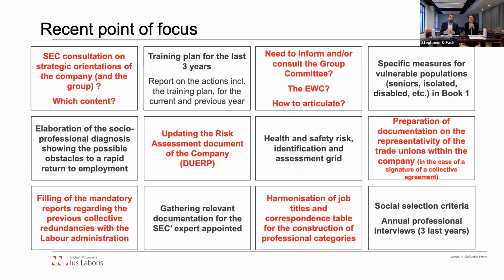You also want to have job descriptions. It's a question we get all the time. When we start a restructuring plan, we ask the clients, do you have job descriptions for everyone? And the answer is often no, which is a problem, because the labor authority will be asking for the job descriptions to be able to check whether the slices of professional categories you've made are consistent with their expectations.